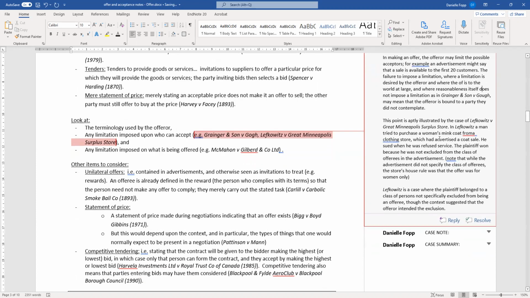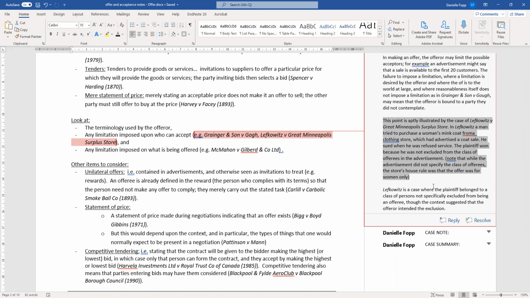This point is aptly illustrated. So it's good to have these kind of little paragraphs ready to go. So in your problem question, when you're trying to explain a case or how it's relevant, sometimes it's really nice just to have little snapshots that you can copy, type out in a very similar manner, or copy and paste exactly if it's suitable, so that you can quickly go.